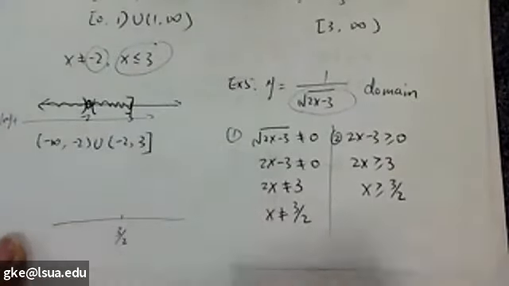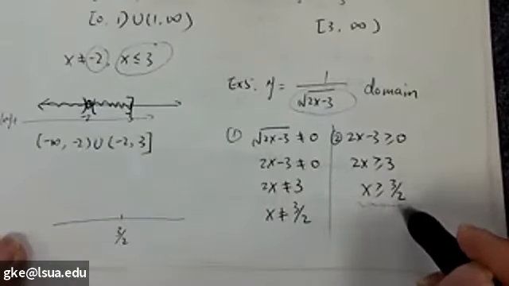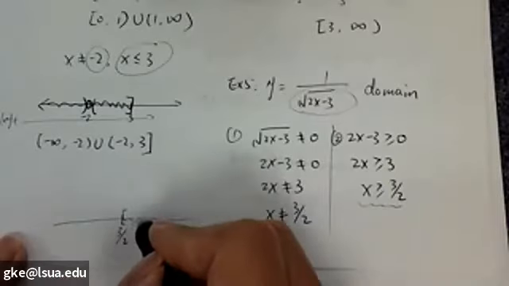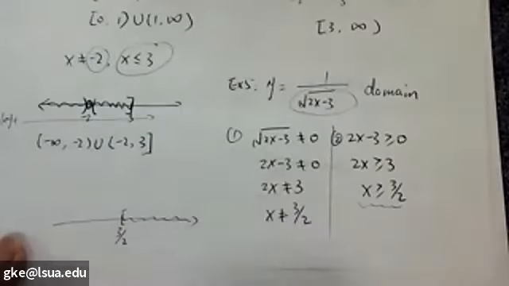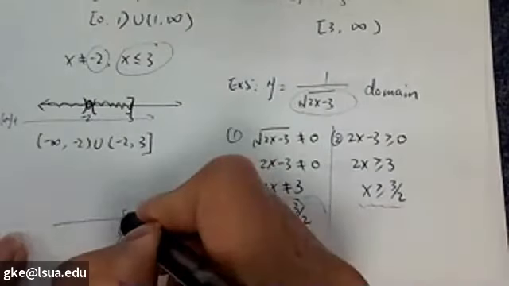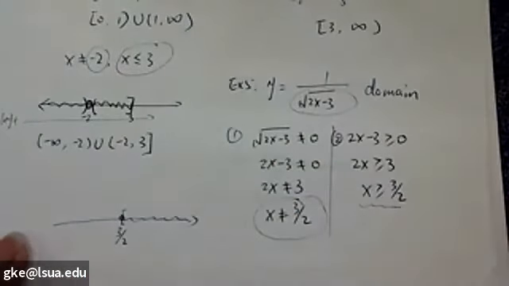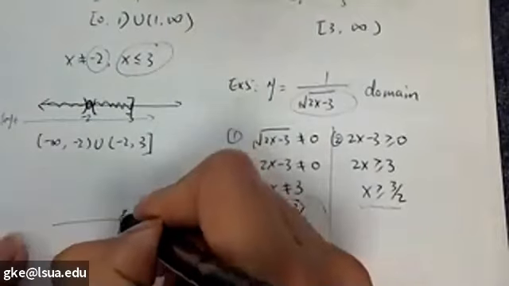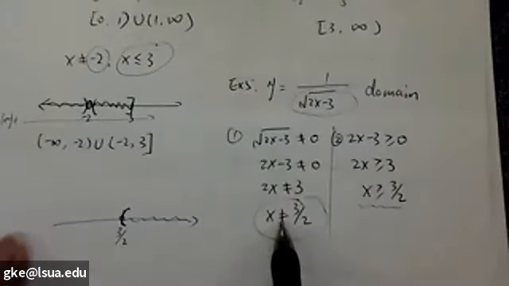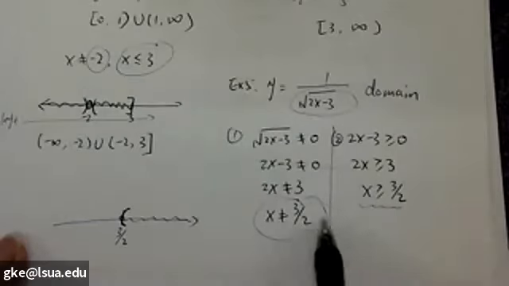We only have 3/2. So for this guy, we know that it is like that, right? However, here we have a breakpoint located here. So that means it becomes a round bracket because here it doesn't equal. We need to combine these two, right?